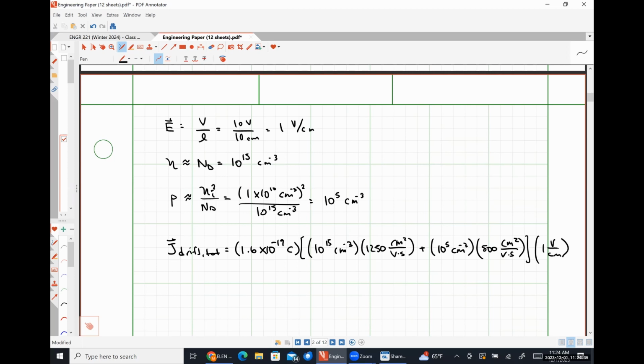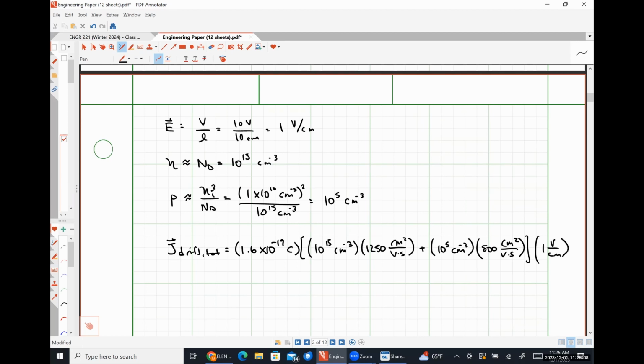So if we look at our units for this thing, we have centimeter to the -3 times centimeter to the +2. So that's going to look like centimeter to the -1. Multiplied by this per centimeter out here is going to give us centimeters to the -2 per centimeter squared, or something.